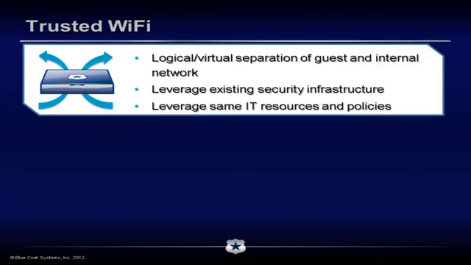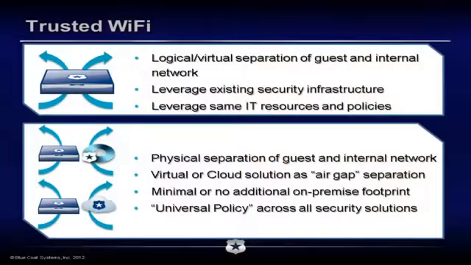What about if you want physical separation between different networks and you want that air gap between the solutions? You can, of course, deploy a traditional appliance along with the one that you have, but you have the option of deploying a virtual solution as well as a cloud solution that provide an air gap between those two networks. And of course, with the cloud, you don't have a physical footprint on premise at all.